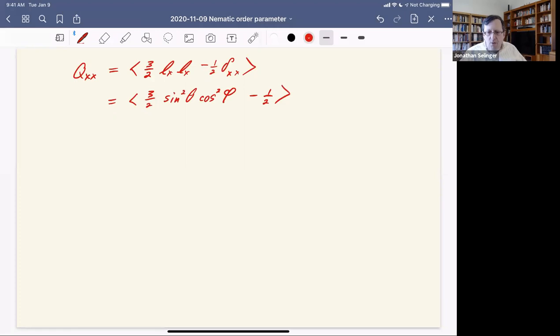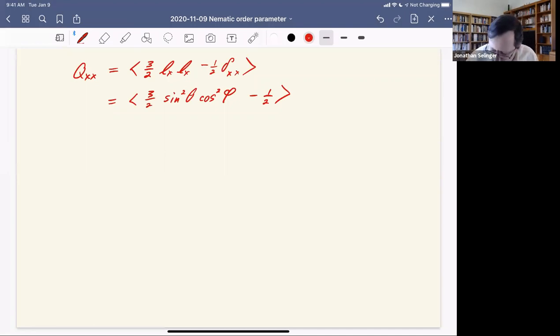So what is this? Well, we have a phase that has partial order in the z direction. That is to say, it's not ordered in any particular direction in the xy plane. The molecules are randomly distributed anywhere in the xy plane, which means the angle phi could be pointing anywhere.